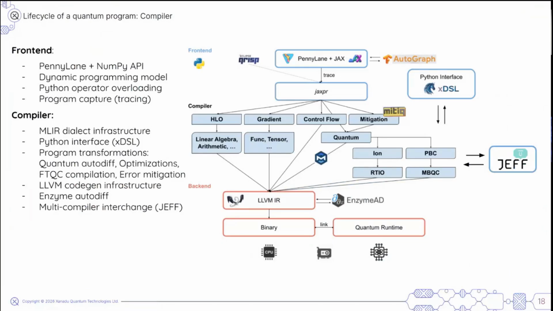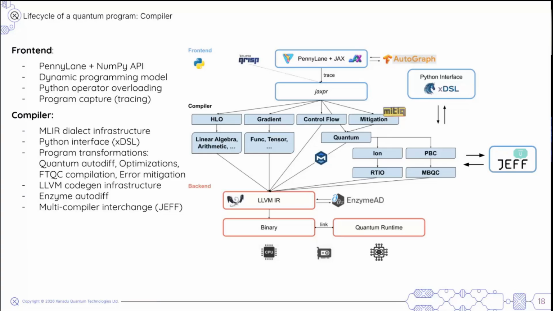The MLIR ecosystem is a way of expressing different things we care about in different manners, such as dialects, which is the language, I guess, of different ways of representing quantities we care about. So HLO is this high-level optimization mode that was popularized by TensorFlow.